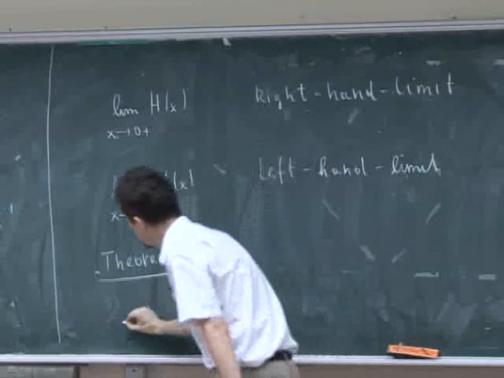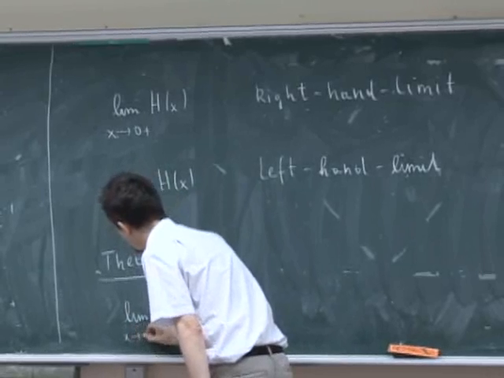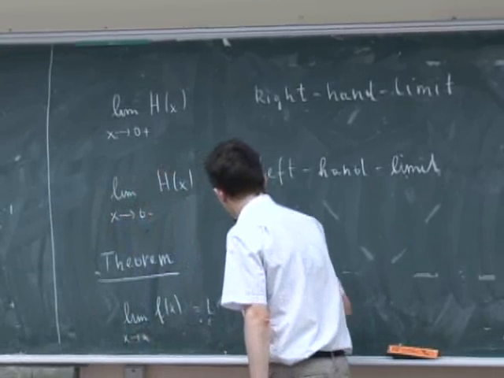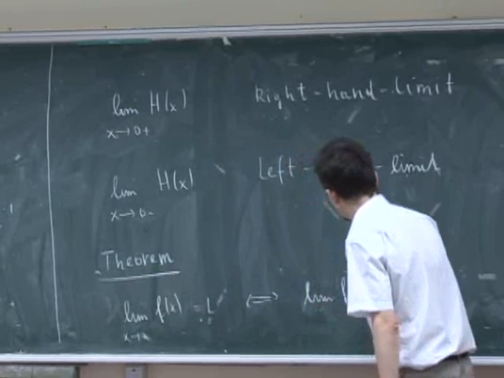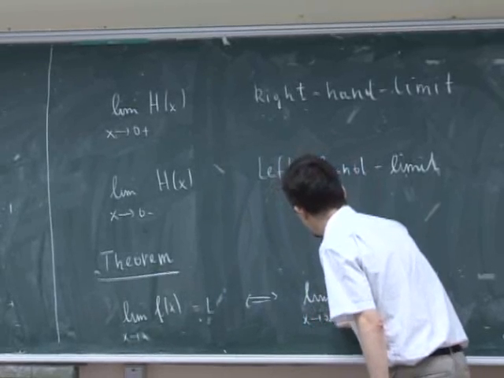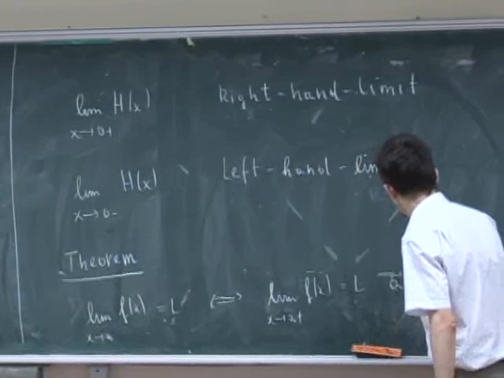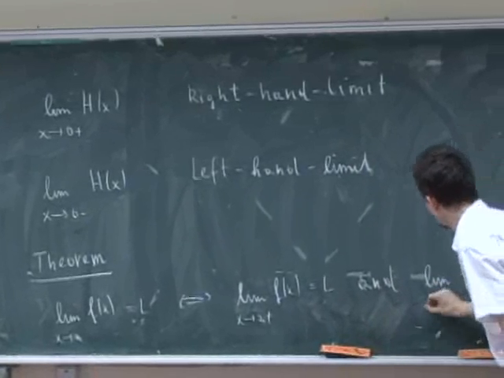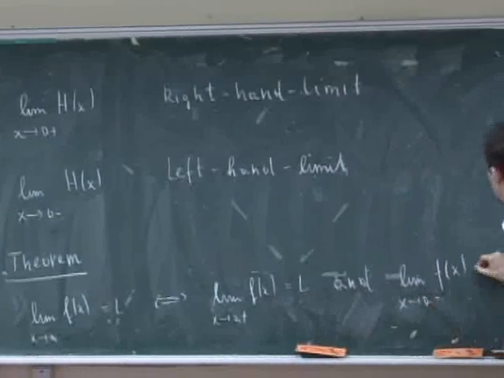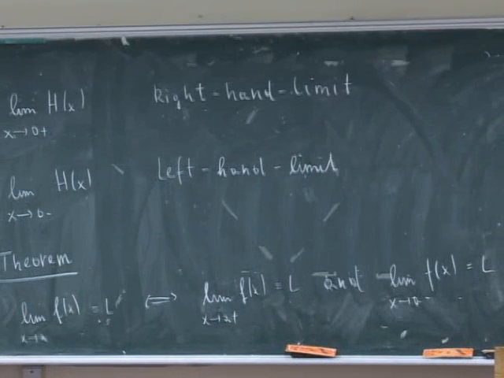And we see that actually we have already some simple result which tells us that the limit of f of x as x approaches a is equal to L if and only if the limit of f of x as x approaches a from the right is equal to L, and the limit of f of x as x approaches a from the left is equal to L. And this already gives us a tool to figure out that certain limits do not exist.